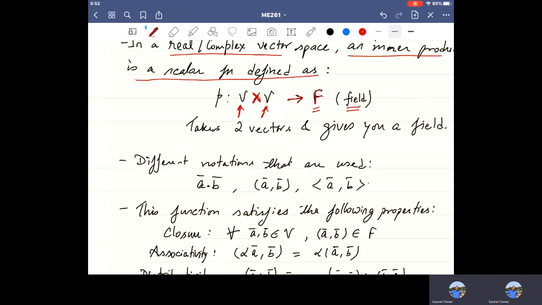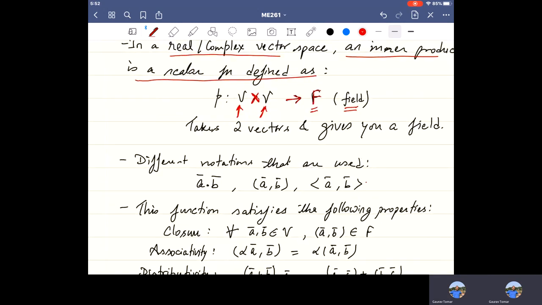In some places you will find it written as A dot B. Some places they will define the inner product with parentheses having the two vectors A, B inside. And then you have another way of writing it using angled brackets.